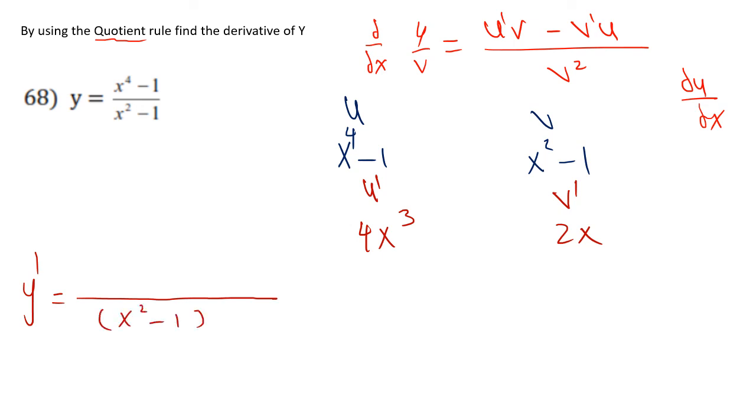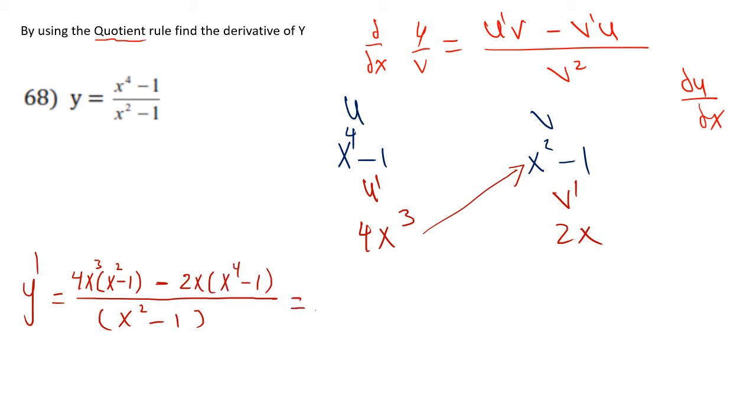and the product of u prime and v, minus the product of 2x and (x squared minus 4).